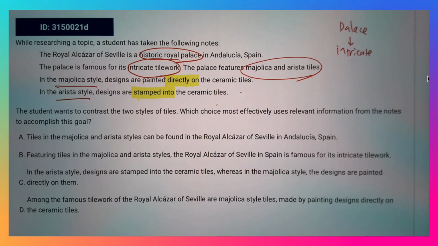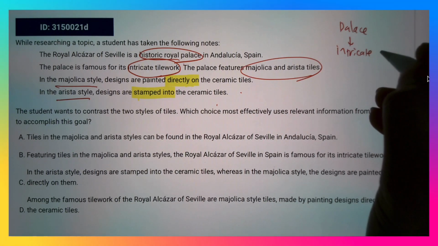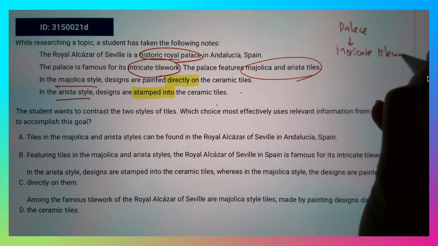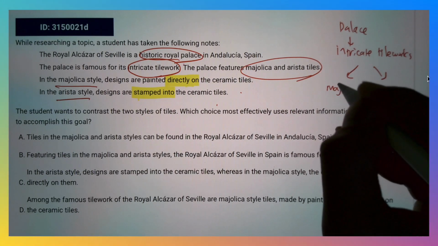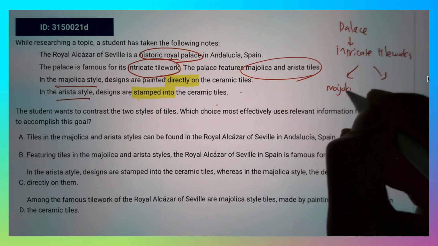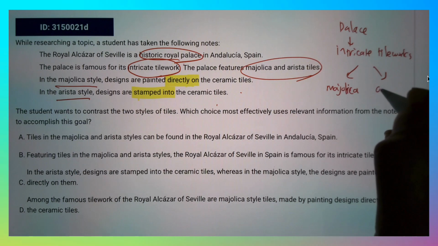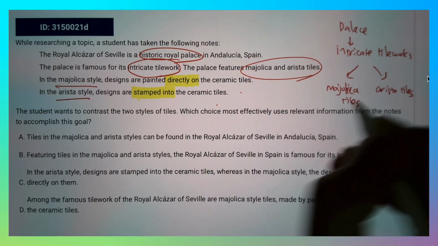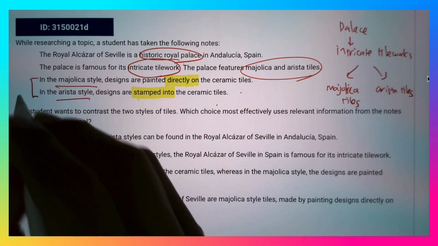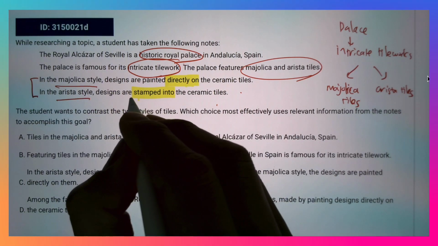Intricate means very delicate. And then from that we diverge into two categories, majolica and arista tile.